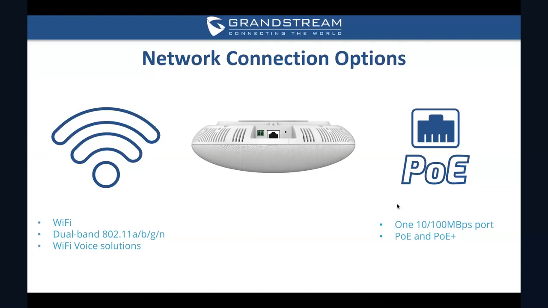Both the UCM series of IP PBXs to create that voice network, the GWN series of Wi-Fi access points. We have a variety of Wi-Fi voice endpoints, whether it be our WP820 cordless Wi-Fi phone, or our Android video phones, which also support Wi-Fi, and you'll see some more Wi-Fi phones coming out from us soon. So this is another device that you can add to that Wi-Fi voice solution network.